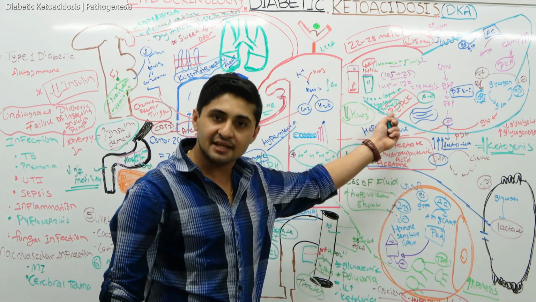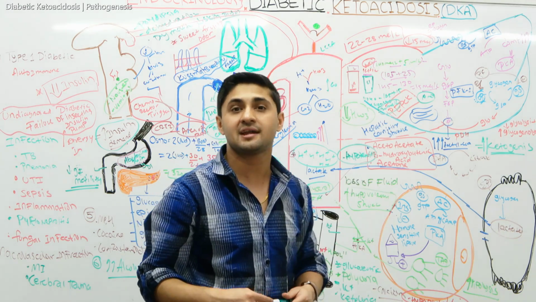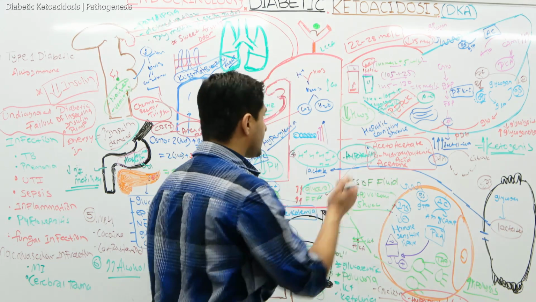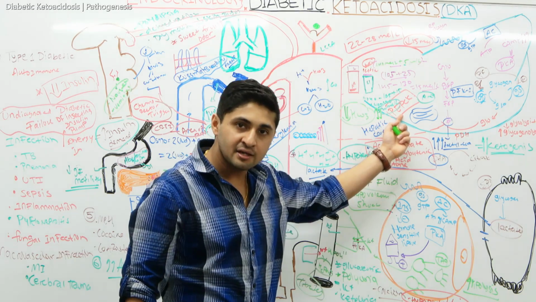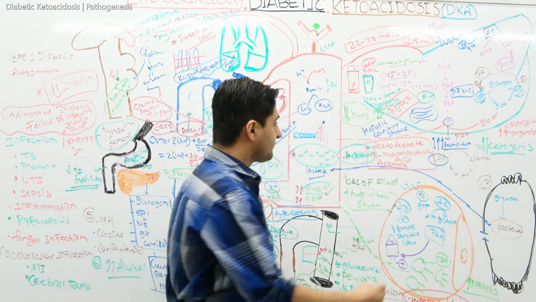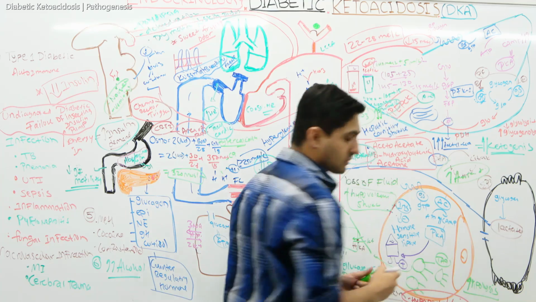This is above normal, so there's an increase in anion gap, and that tells you about the metabolic acidosis. So in DKA you will have an increase in anion gap. I'm writing it everywhere, but just know this.